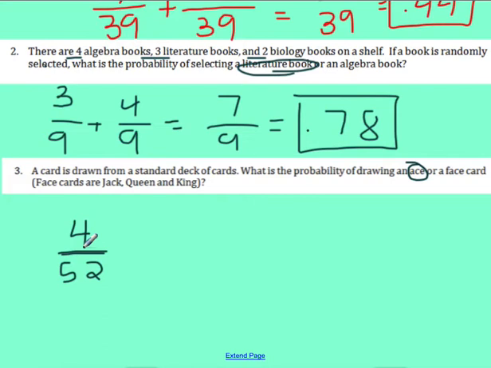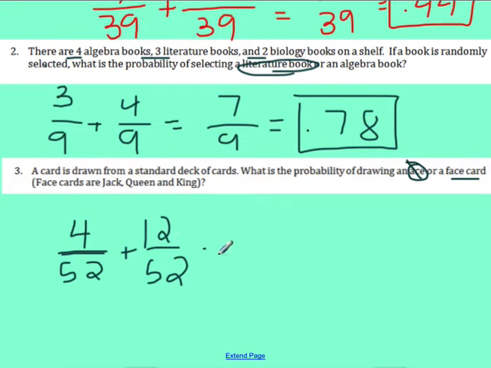Then I've now taken care of that probability, so now I'm going to add the thing after the or. So there's 52 total cards. Now I want to figure out how many of them are face cards. Again, going back to that first note sheet, you might want to have that note sheet out while you do your practice sheet. How many of them are face cards? 12. Okay, and that was just given to you by your first note sheet.